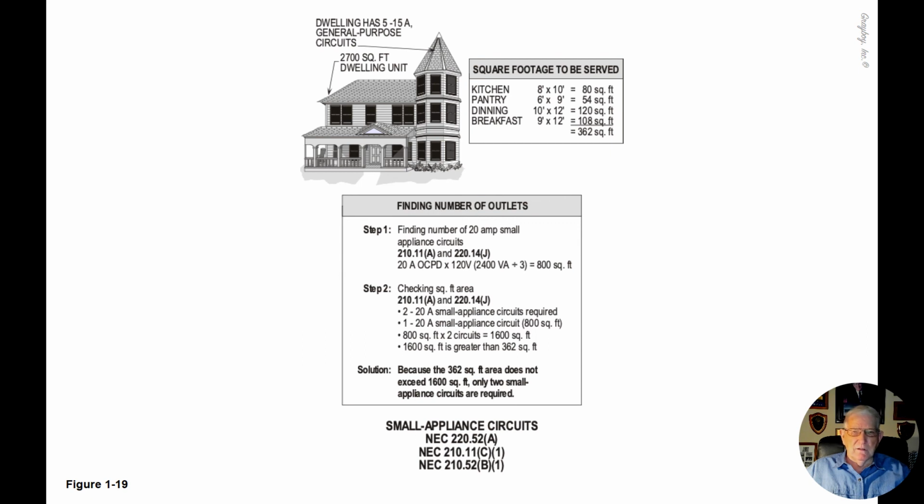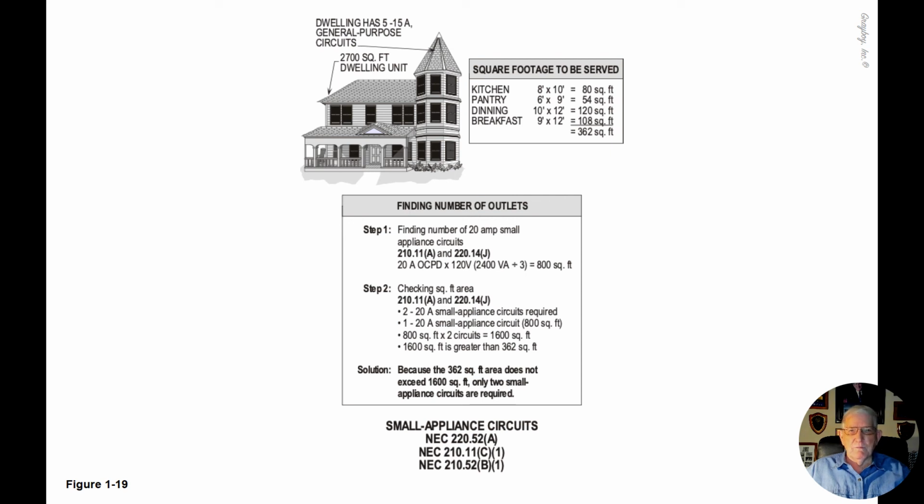But for test purposes, this would be the procedure that your testing agency used to determine the number of branch circuits, small appliance circuits, that you would need to supply the kitchen, pantry, dining room, and breakfast room when you're exceeding the 800 square foot times 1600 square foot.